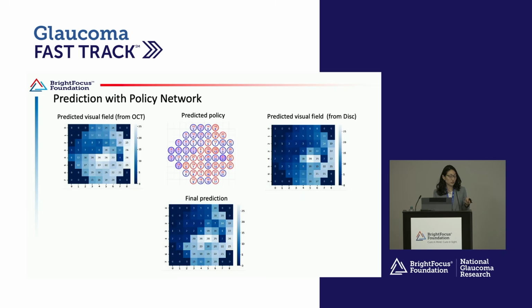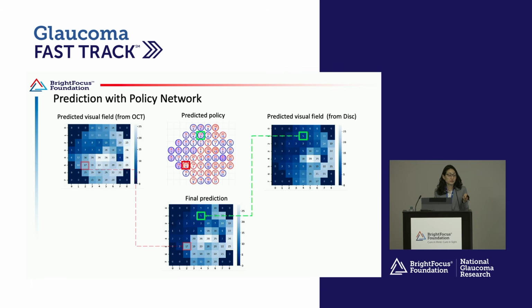And then I'm going to show that the model is supposed to show us which input you are more confident in, or really relying on, to predict the output that I want. So for example, this little guy, I am using that visual field prediction based on the disc image.